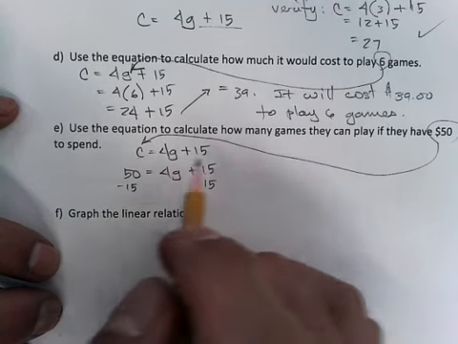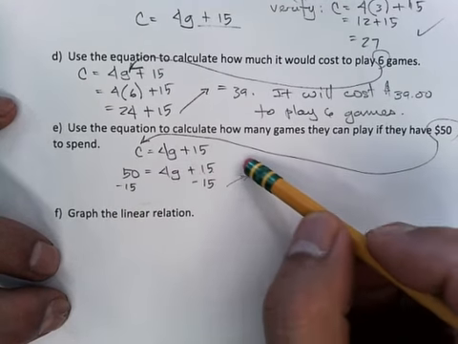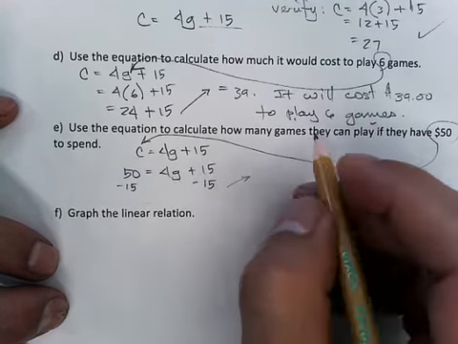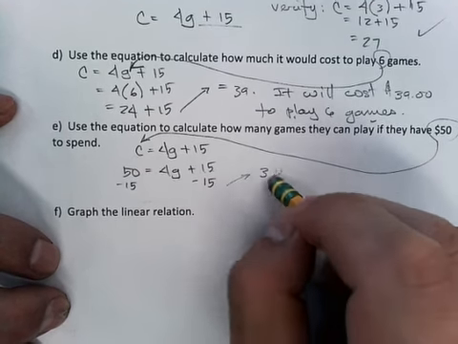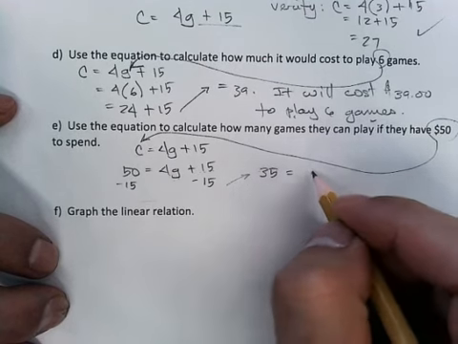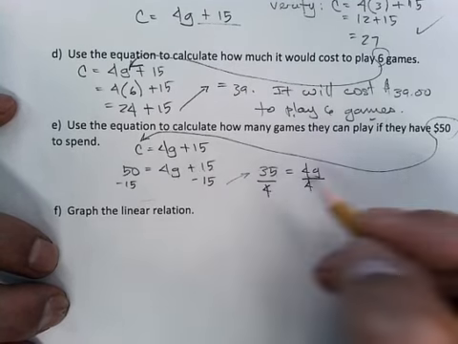So I'm going to subtract this 15 on both sides. And so 50 minus 15, that's 35. Okay, and that's equal to 4G. So divide both sides by 4.